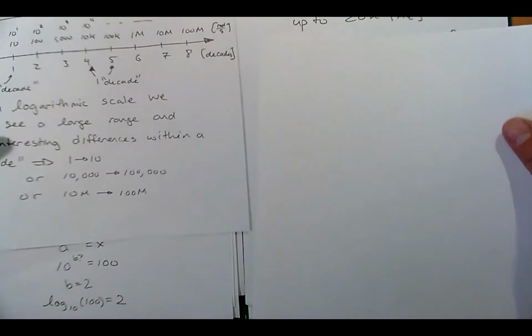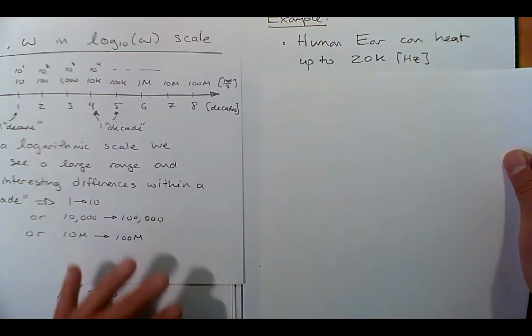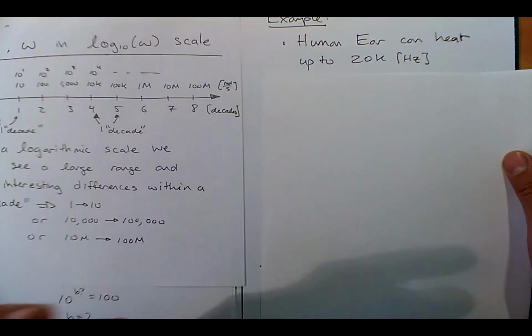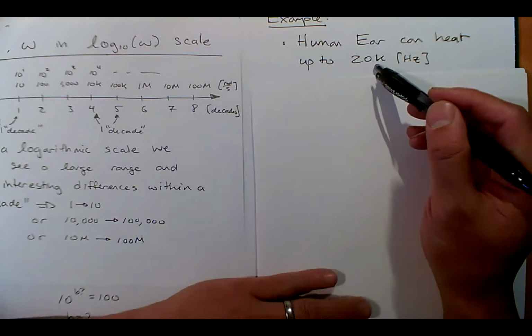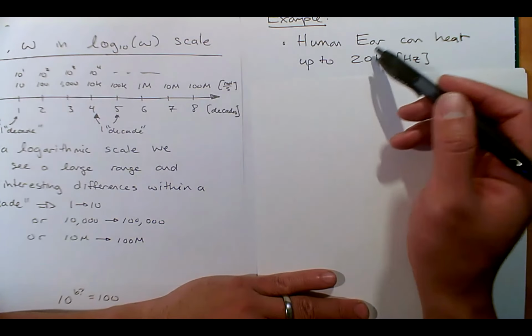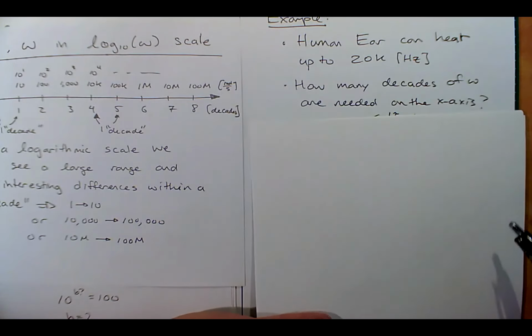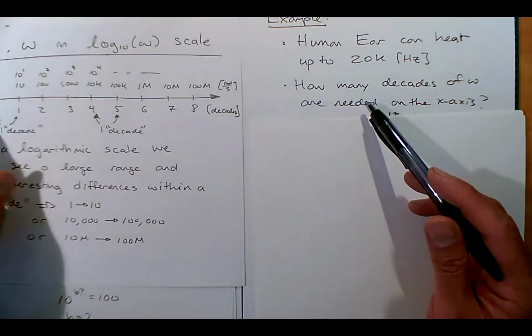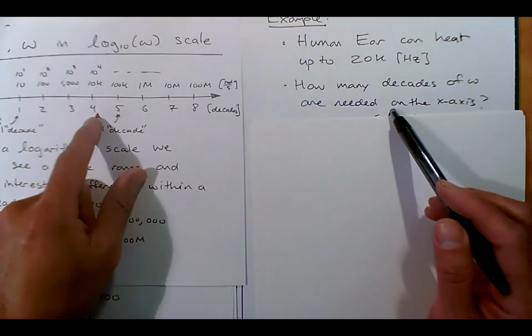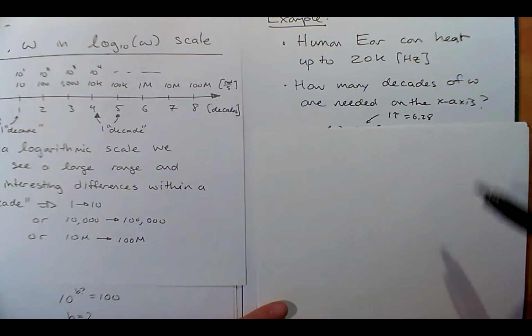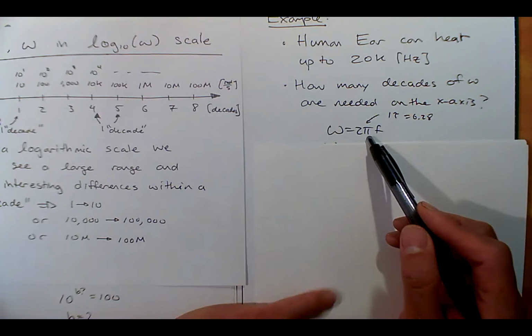Now maybe we have a question, just as an example. Let's say the human ear can hear 20 kilohertz. Remember, this is frequency now, not radians per second, but it's easy. The 2 pi gives you that conversion factor. So maybe the question is, how many decades would I need on the x-axis to represent this 20 kilohertz? We know omega equals 2 pi f.